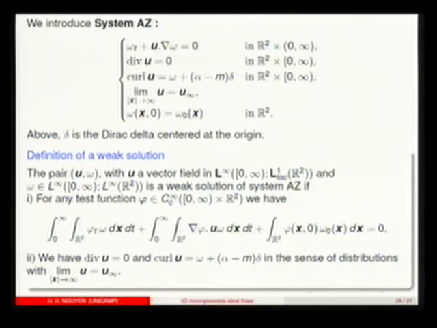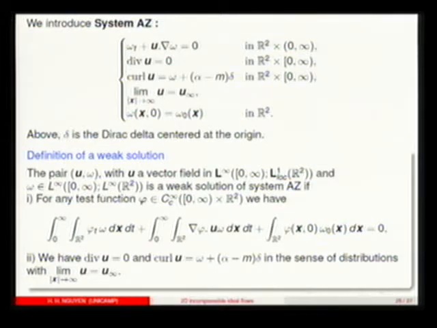Now, I introduce this system. Here, delta is the Dirac delta centered at the origin, and we will define what a weak solution for this problem is. If u and omega are a weak solution, then u and omega are in this space and satisfy the weak formulation.